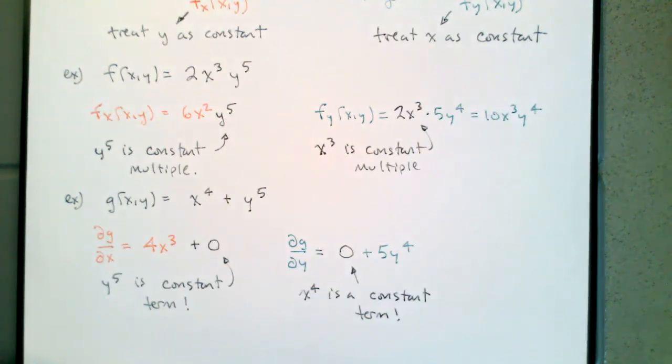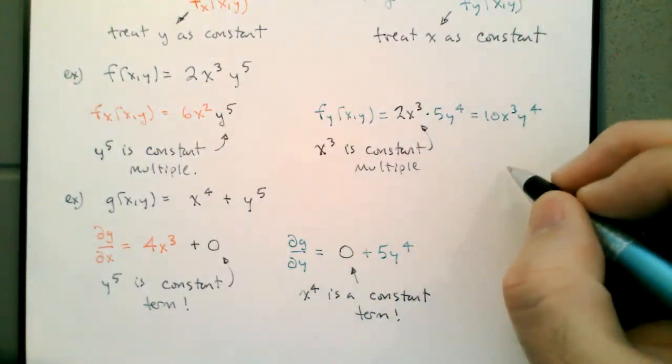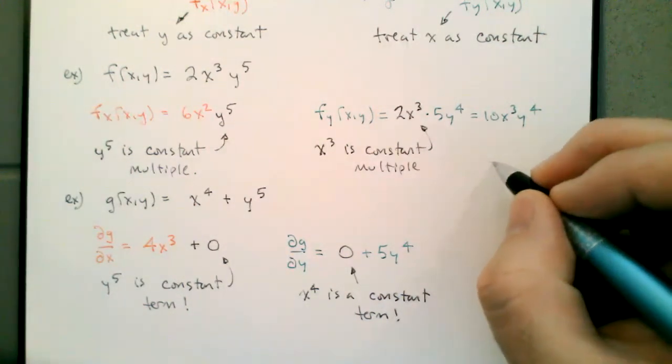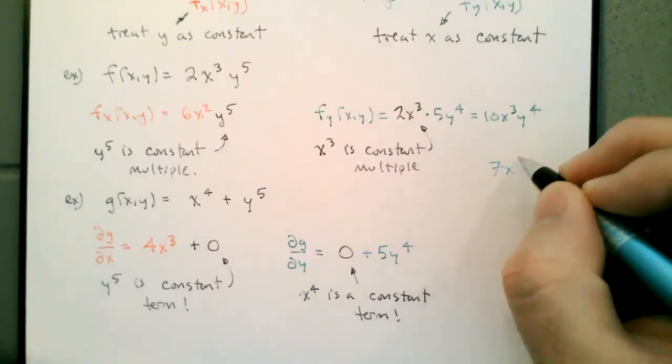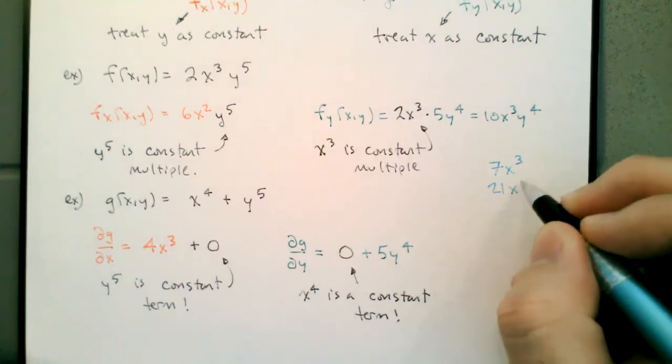Keep in mind, we're not doing anything new. In the previous problem, it would be like taking the derivative of 7x to the third, and you'd have 21x squared.